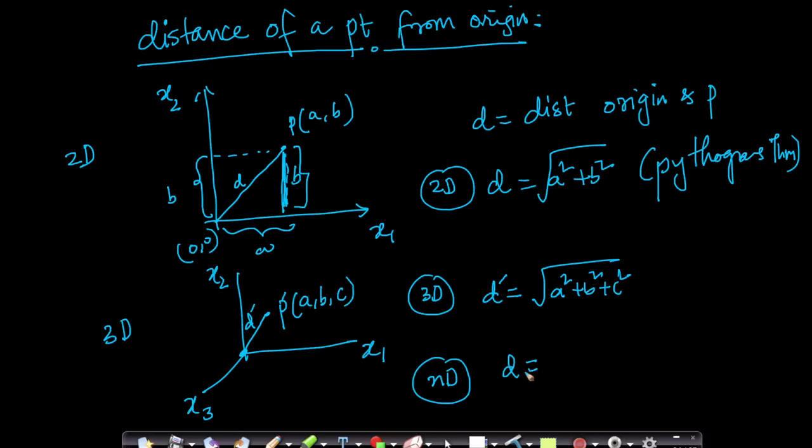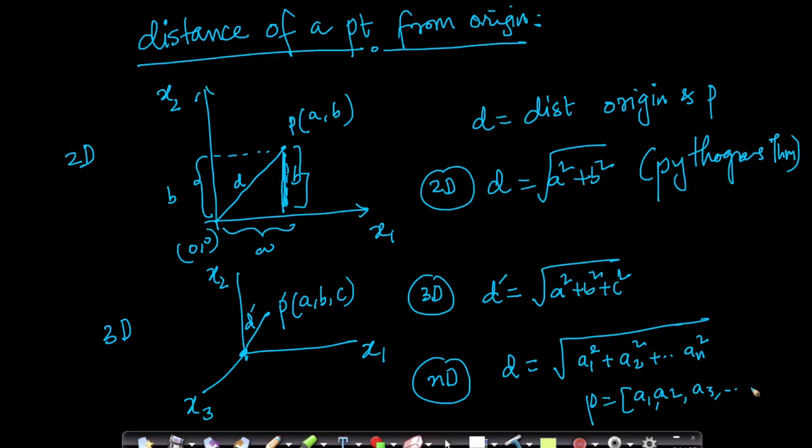Let's assume my point P has components A1, A2, A3, so on and so forth, AN. Then the distance of this point from origin is nothing but the square root of A1 square plus A2 square, so on and so forth, plus AN square.